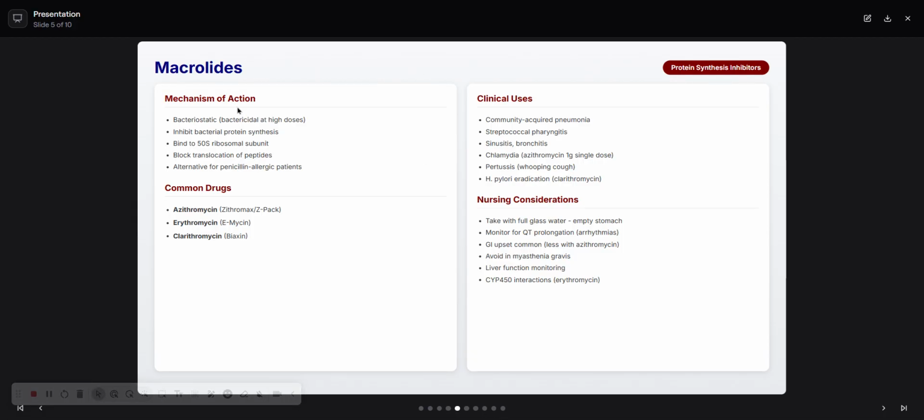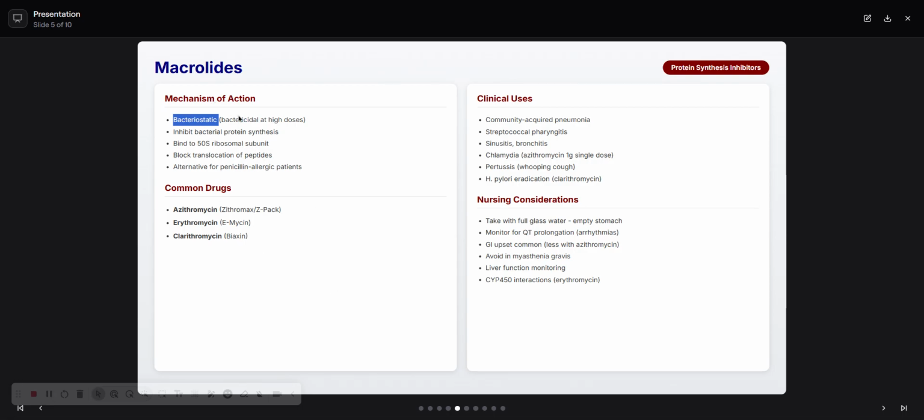Third, macrolides. This is different from cephalosporins and penicillins in the fact that it isn't bactericidal, which means that it doesn't kill bacteria, but it just stops it from growing farther. Your white blood cells, your immune system, will kill the bacteria, but this will just stop it from reproducing further.